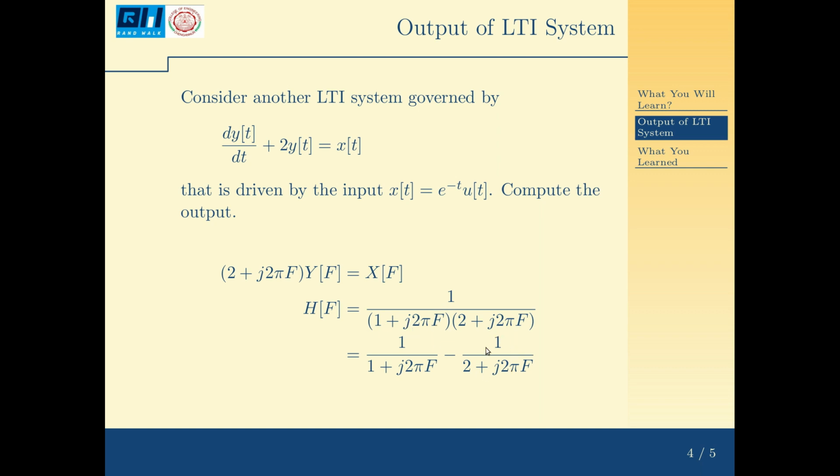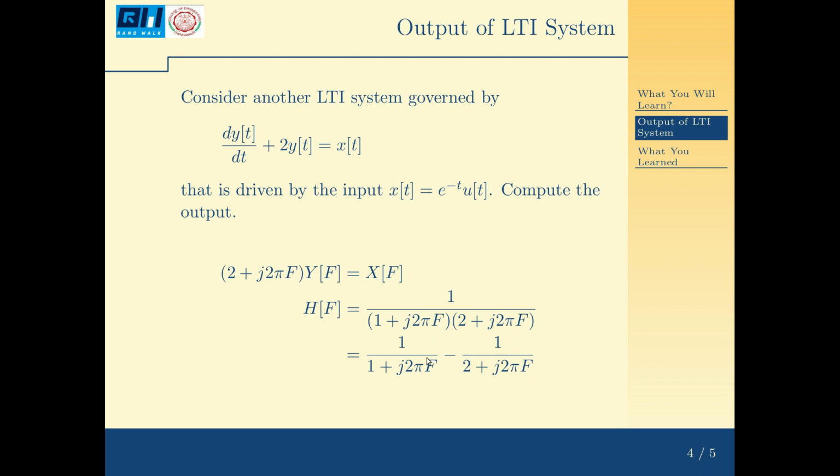So the residue for this term is minus 1. By taking residues you can very quickly compute the partial fractions. So H(f) becomes 1 by 1 plus j2πf minus 1 by 2 plus j2πf.